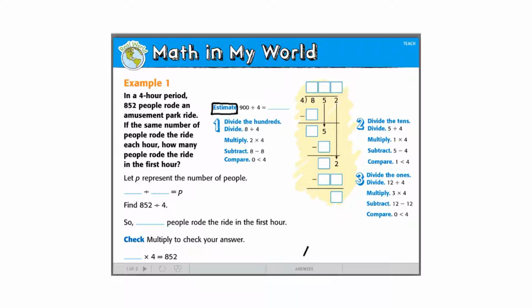If you do an estimate at the beginning, it should give you some kind of a close answer for the end. So I don't think I would use 900 divided by 4. I think I would use 800 divided by 4 just because the estimates should be really quick in your head.